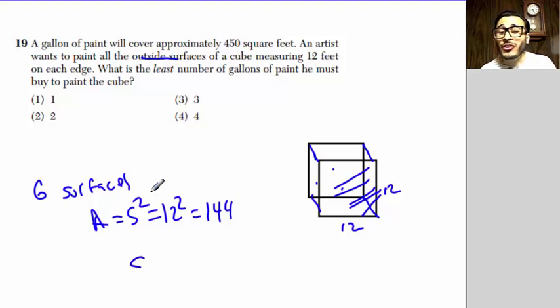So the surface area comes out to 144 times 6, because there's 6 sides. One square is 144 square feet, and multiplying that by 6, you get 864.